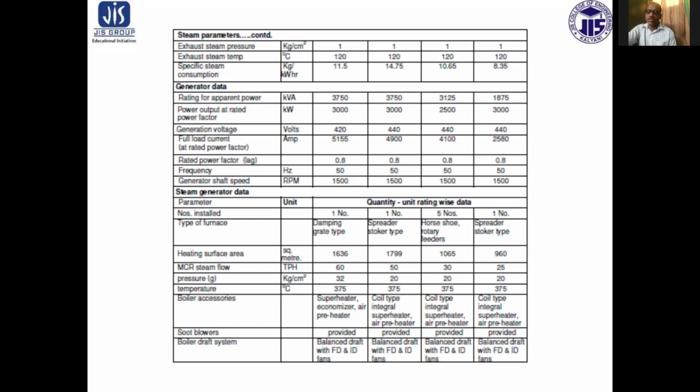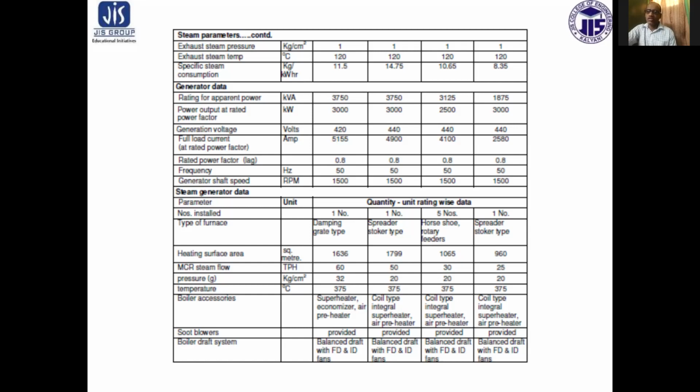The temperature is constant: the outlet temperature of the steam is 375 degrees centigrade, while the inlet temperature of the turbine, as we can see from the earlier data, is 370 degrees centigrade.